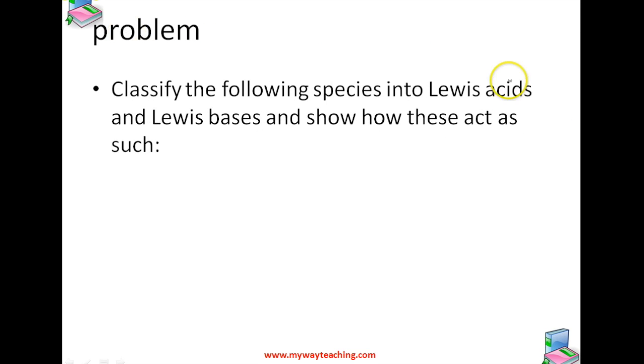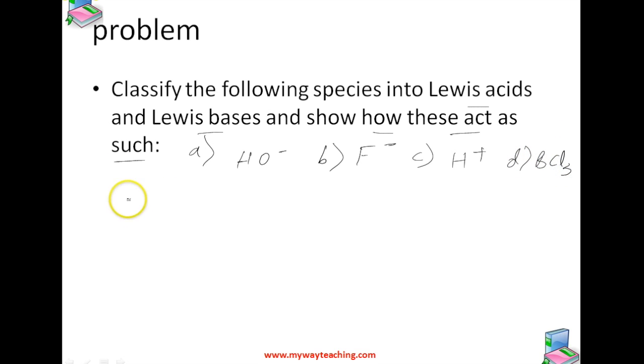And the next is, classify the following species into Lewis acids and Lewis bases and show how these act as such. The first one HO minus, second one F minus, third one H plus, fourth one BCl3. In that, hydroxyl ion is a Lewis base as it can donate an electron lone pair.